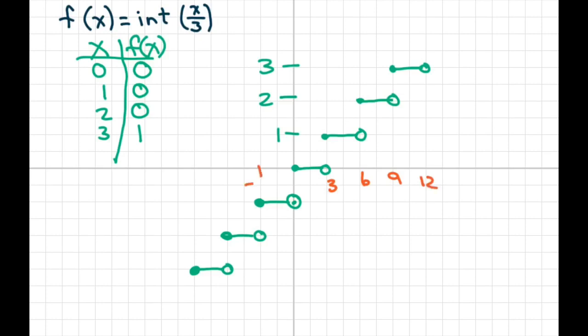And on this side, you would write -3, -6, and -9. Now, the domain on these is all real numbers. The range, of course, is all integers. So the range is just integers because you can't have fractions. You only can have integers. That's by definition of the function.